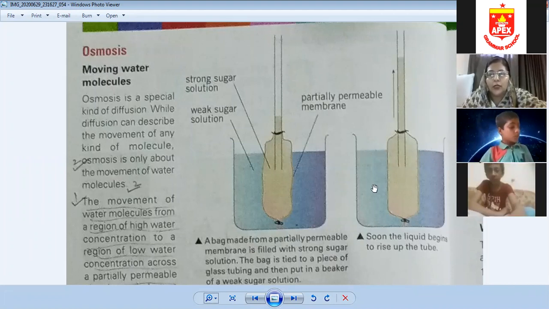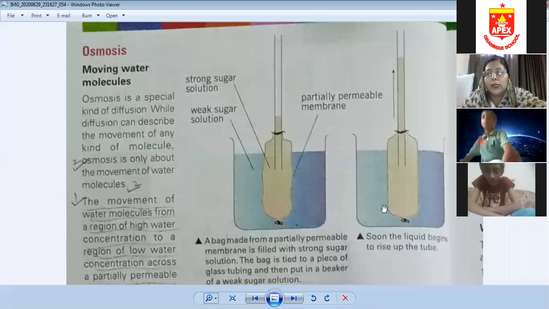As we have studied, water molecules are very small. They can pass in and out of the partially permeable membrane very easily, but the sugar particles are too large, so they never pass easily out of the bag.